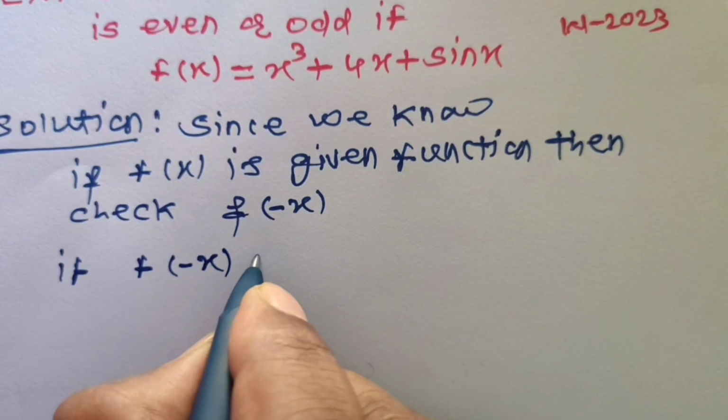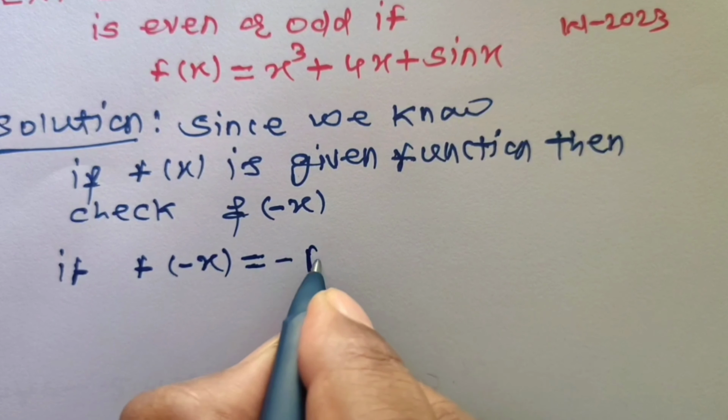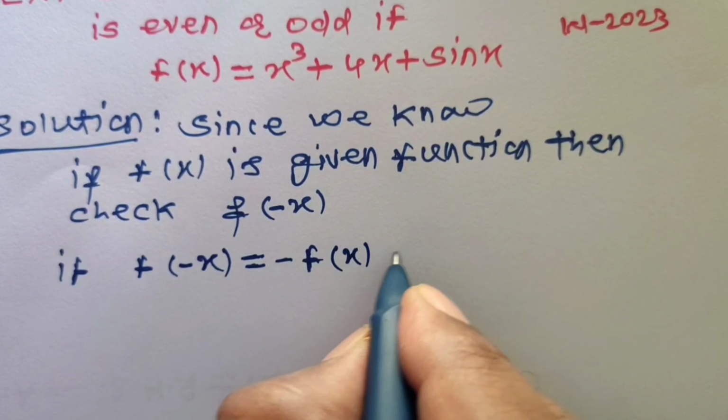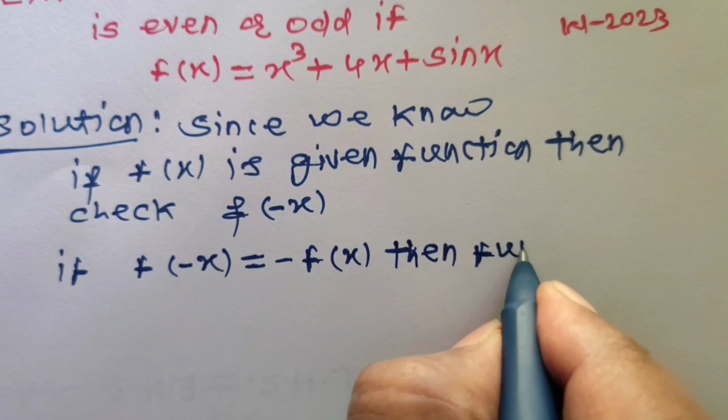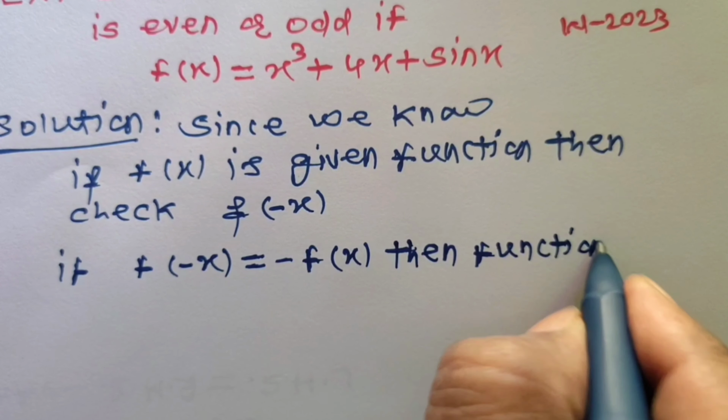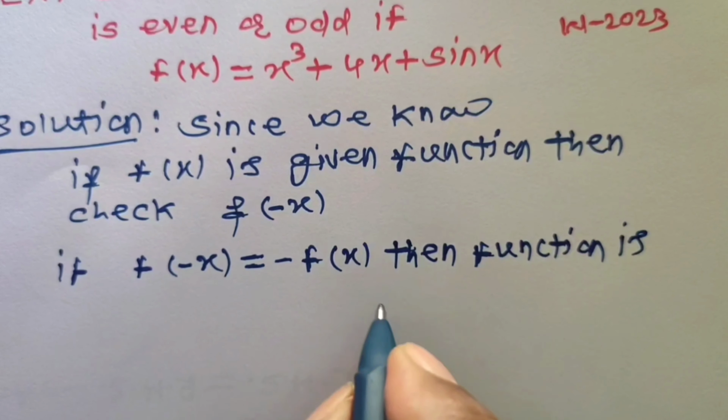If f of minus x is equal to minus f of x, then f of x is called an odd function.